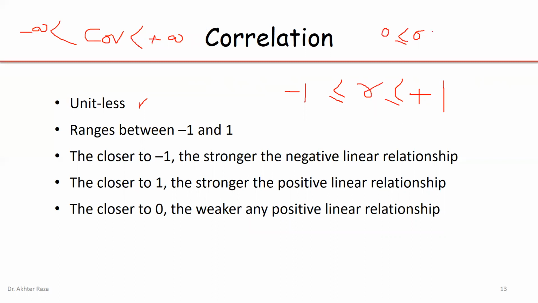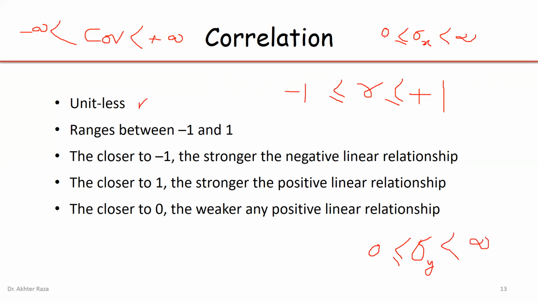The range of standard deviation of x is from 0 to infinity. Similarly, the range of the standard deviation of y is from 0 to infinity. The minimum value of standard deviation is 0, and the maximum value is infinity.